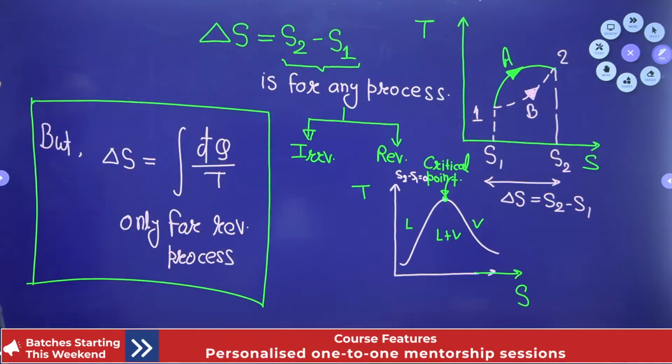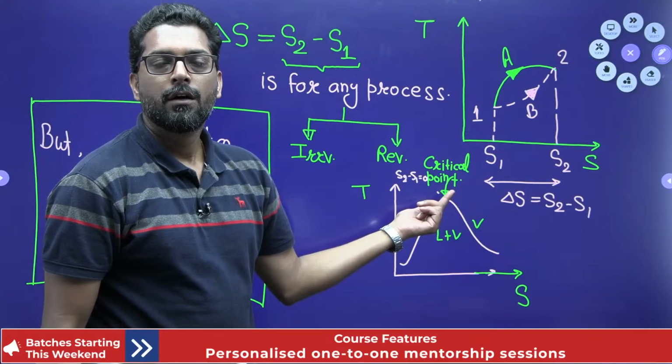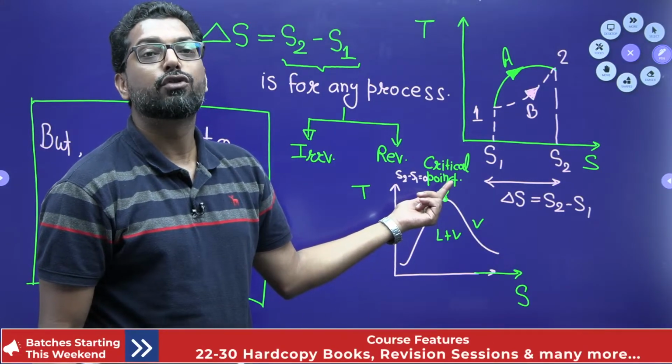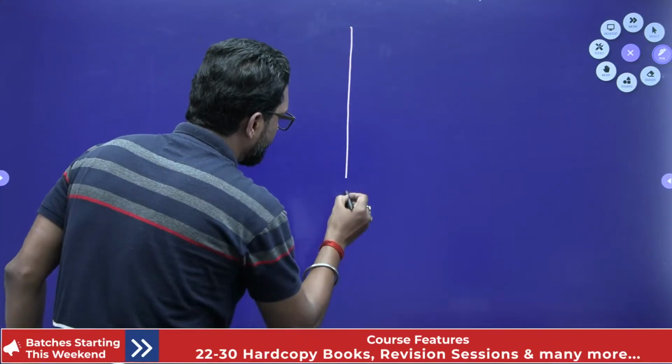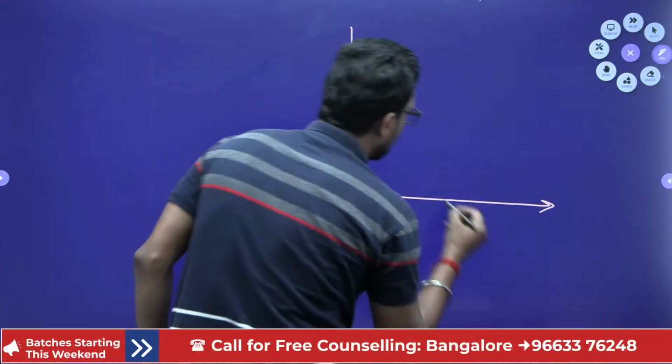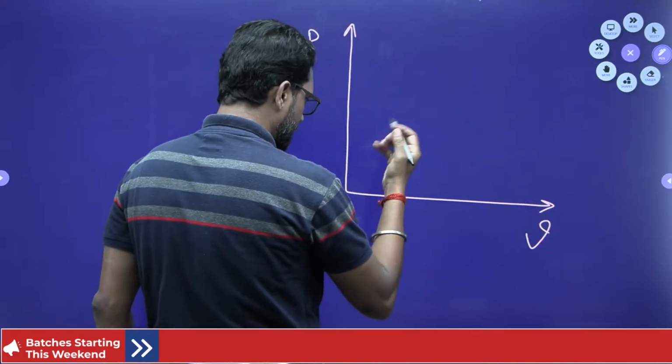And at a critical point, what is the critical point? If you draw the PV diagram, I will show you.